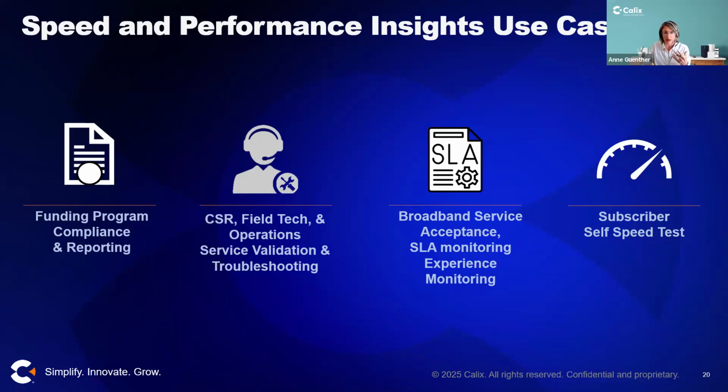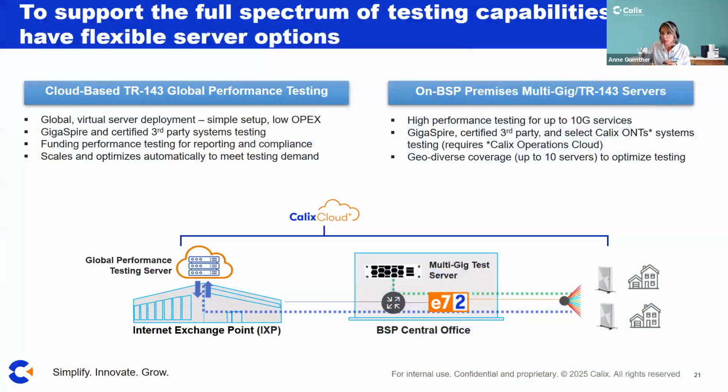And as we segue to the next slide here, we're now going to look at what is supporting all of this, right? We have these flexible server options here. Now, on the left is our cloud-based TR-143 global testing network, which is a hosted model for on-demand speed testing and funding performance.